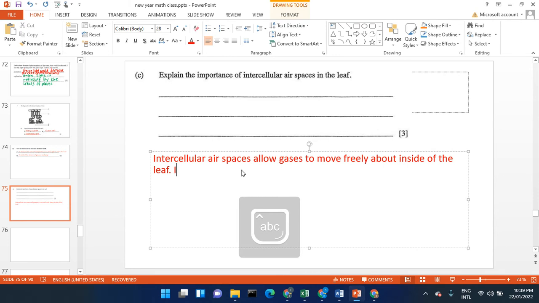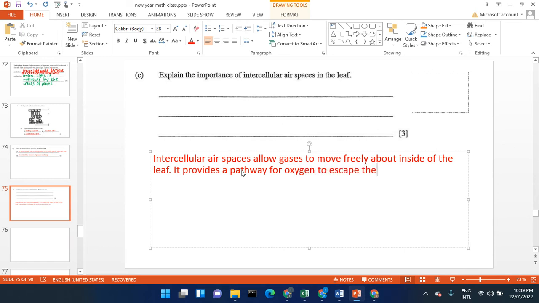What does it also do? Well, it provides a pathway for oxygen to escape the leaf. So it provides a pathway for oxygen to escape the leaf.